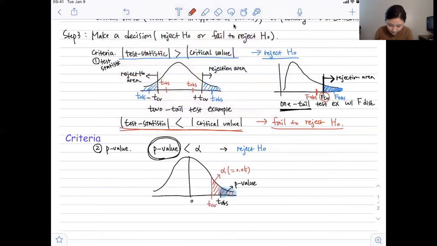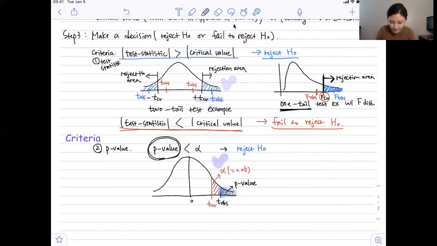So if the p-value, the area of the blue, is smaller than alpha, we reject the null hypothesis. Can you catch that this graph and this graph are the same one? Because here I compared only the T observed value to the T critical value.